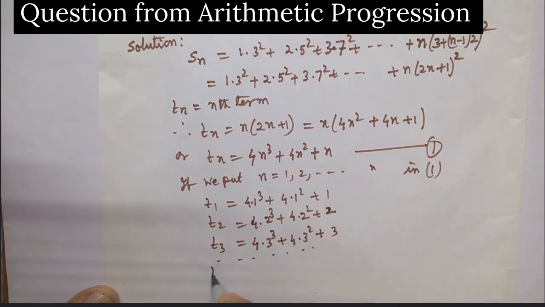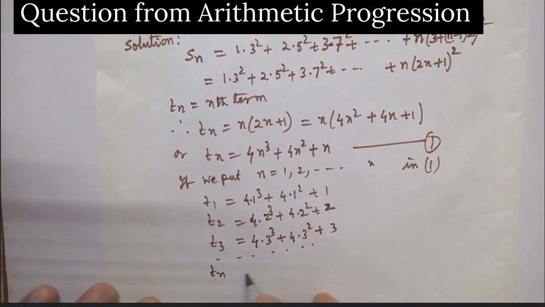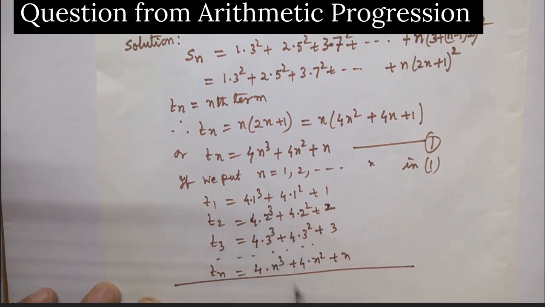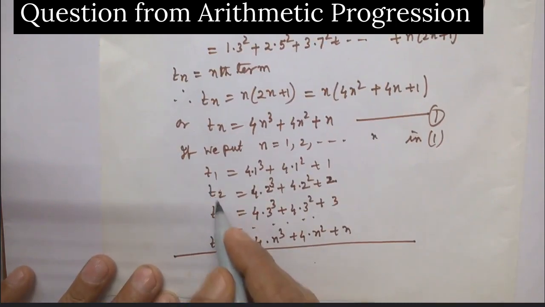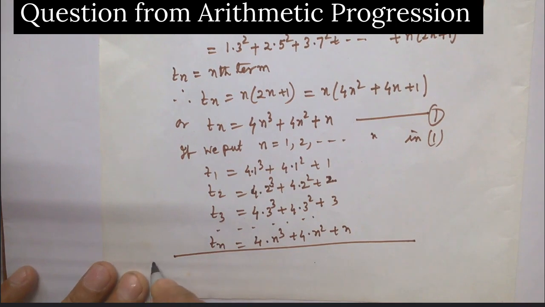When n is equal to n, Tn is equal to 4n cube plus 4n square plus n. Add these equations. On the left hand side, T1 plus T2 plus up to Tn.